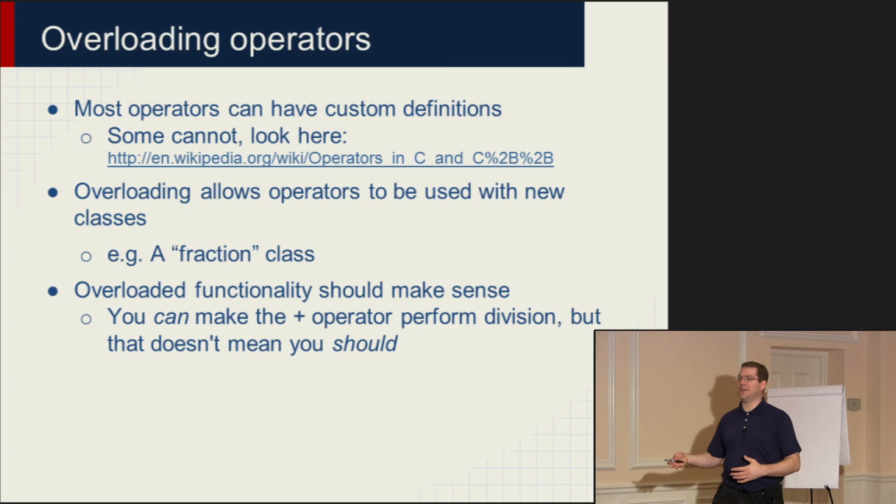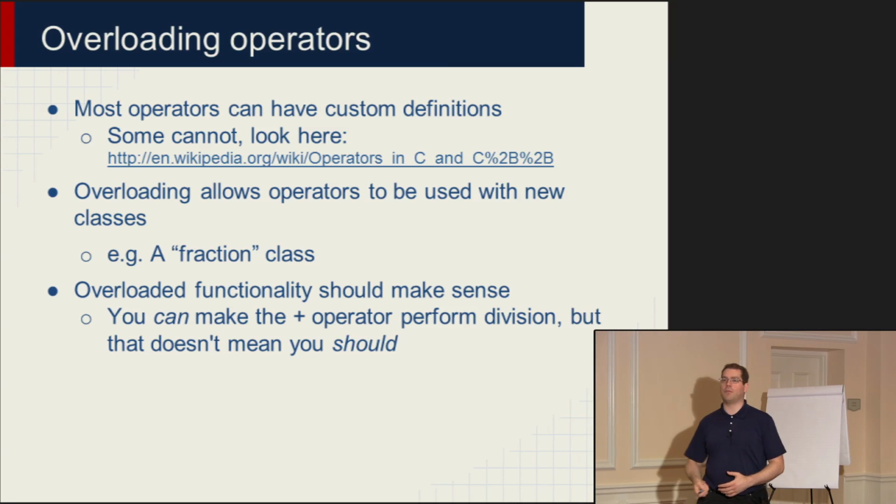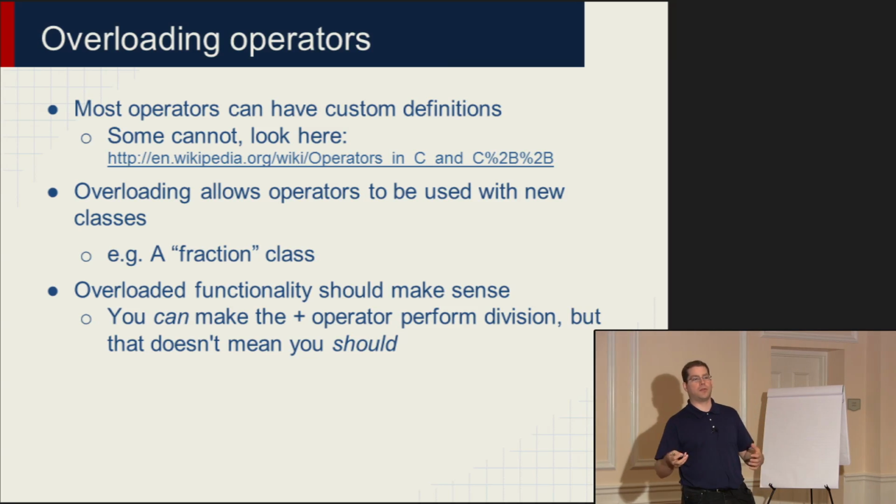For example, you can make the plus sign operator perform multiplication or a square root or do various other things. The C++ compiler is not going to prohibit you from changing the meaning of the plus sign operator, but it's not something that you should be doing. It should make sense in context.